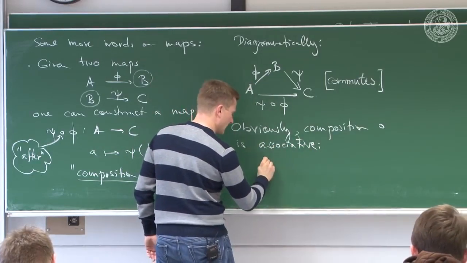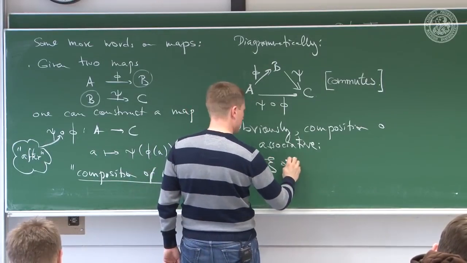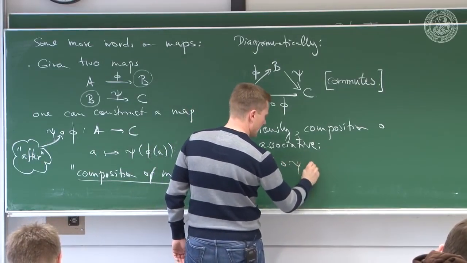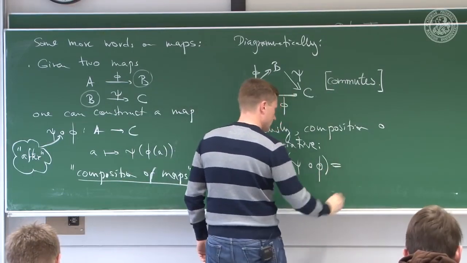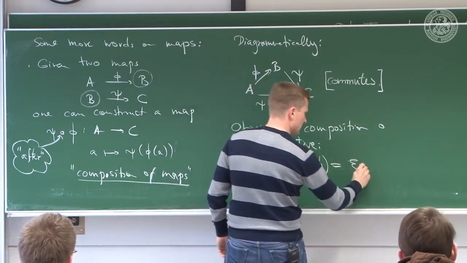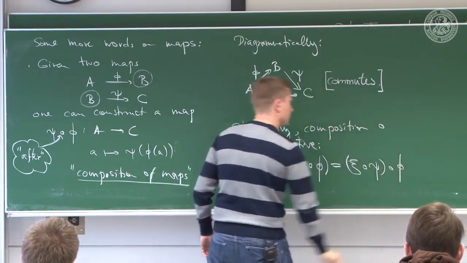So if you have a third map, and you first evaluate this, then it ought to be the same as the other bracketing.